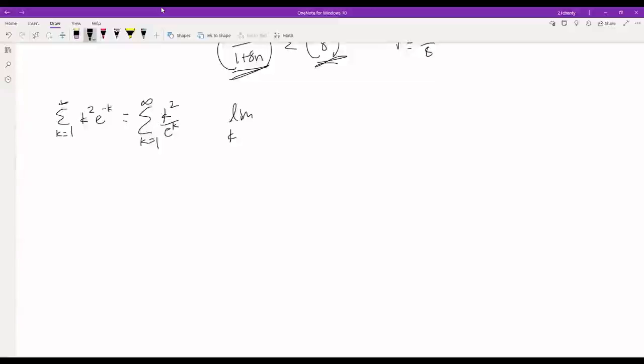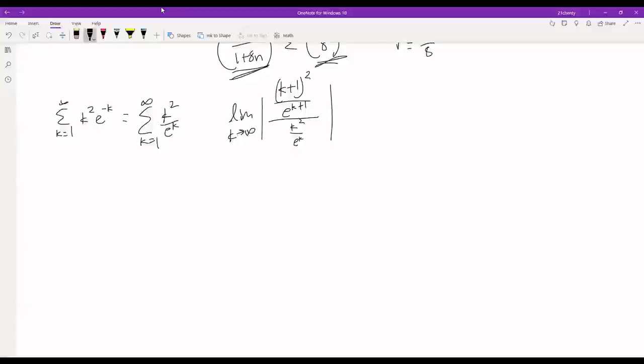So I'll take the limit as k approaches infinity of the absolute value of what the series is at k plus 1, so k plus 1 squared over e to the k plus 1, and then divide that by just the normal function itself.